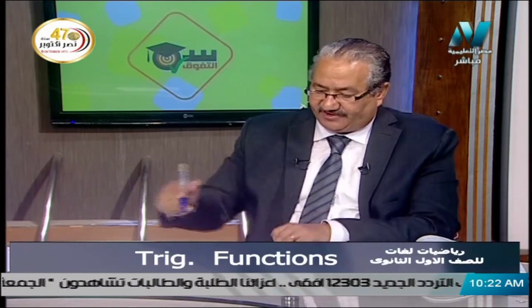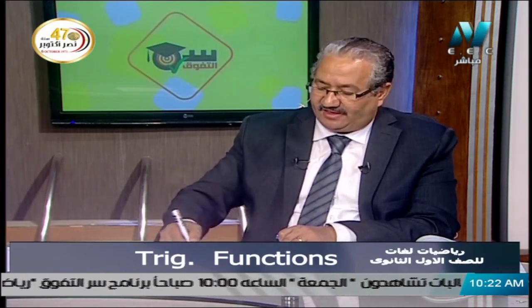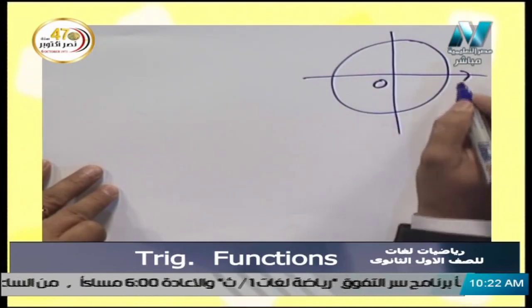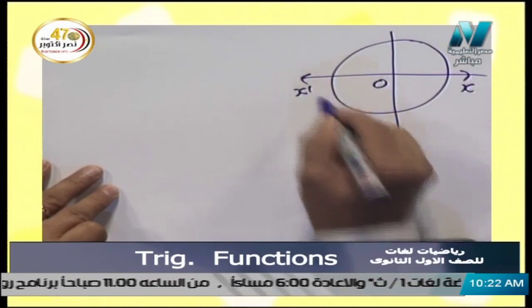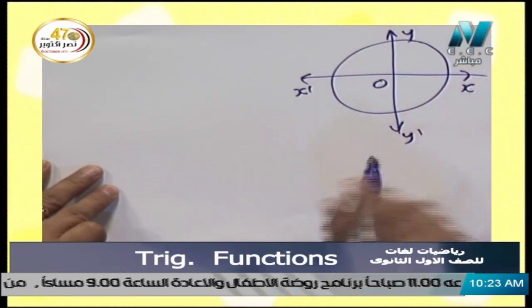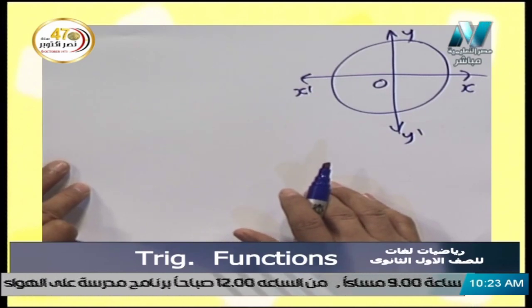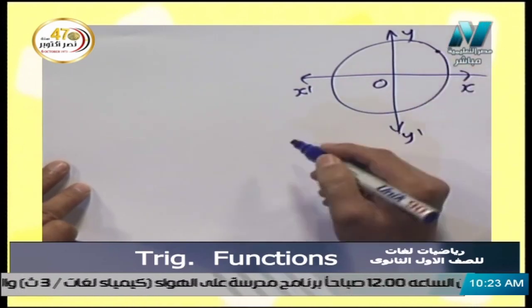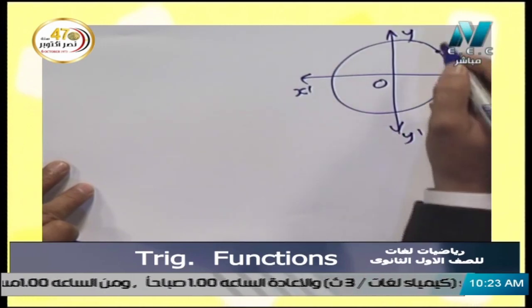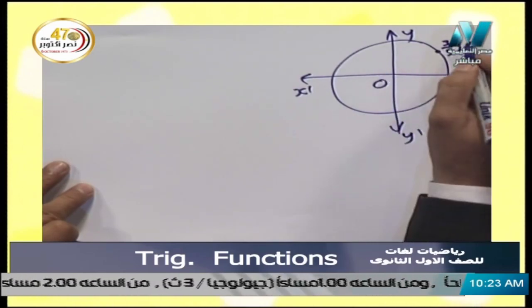If we have a unit circle here like that, and we have the origin point here, this is the x-axis and this is the y-axis, and there is a point A, and its coordinates are 3 over 5 and 4 over 5.